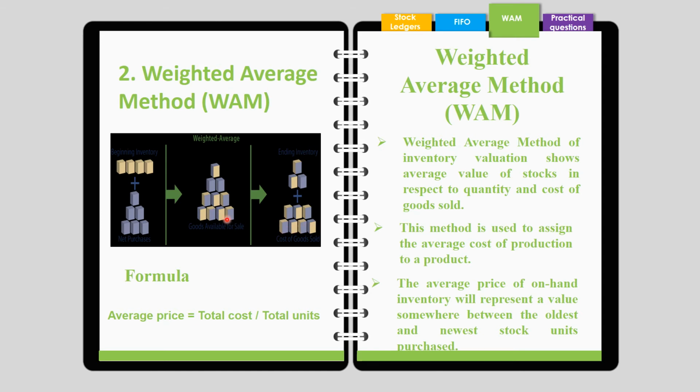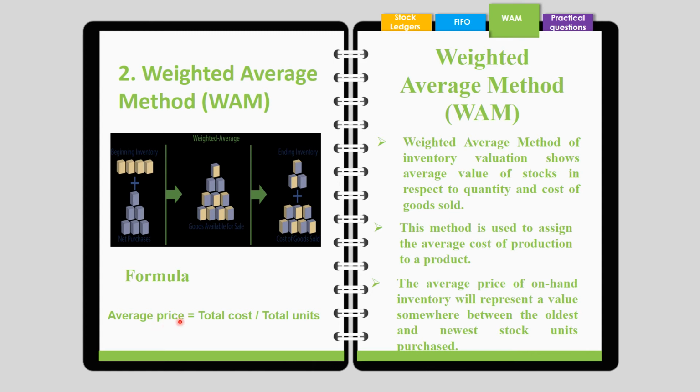We are not going to segregate them on the basis of when it was purchased or when it has come to our warehouse. So basically here all the newer and the older stocks are mixed up at one place, and any random stock is used for selling, is used for consuming, and also used for carry forwarding for the next year. That is your ending inventory.